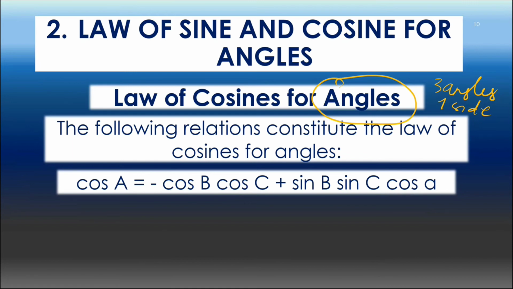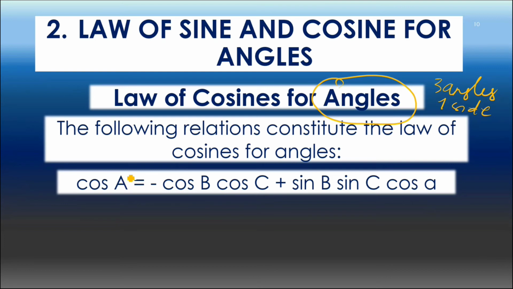If you try to notice this law of cosines for angles, it might look the same as the law of cosines for sides. But as you can see, instead of small letters, you already have the big letters here.